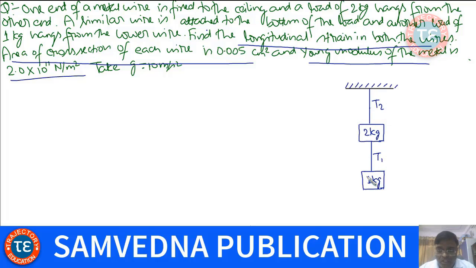Suppose the tension in this wire is T1 and the tension in this wire is T2. Now both the blocks are in equilibrium. So if I draw the free body diagram of these blocks, then you have T2 up, T1 and 2g below. Over here you have T1 and 1g, right?